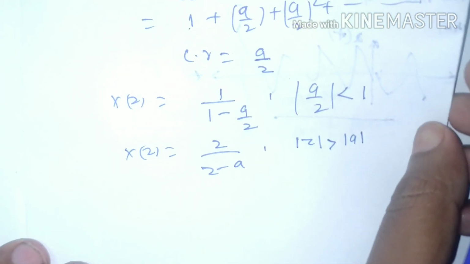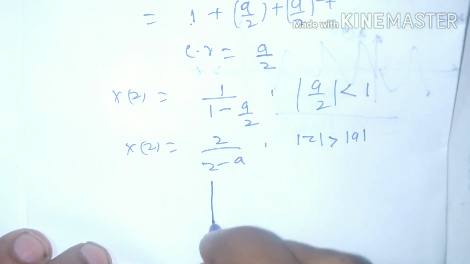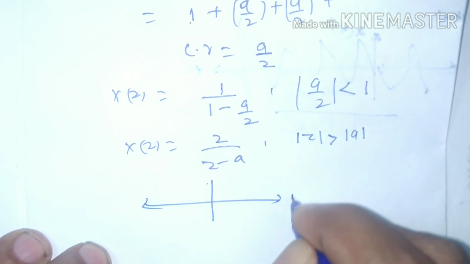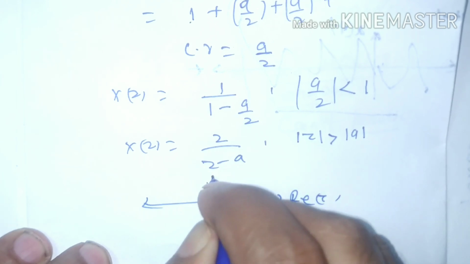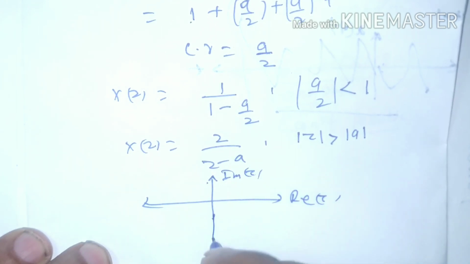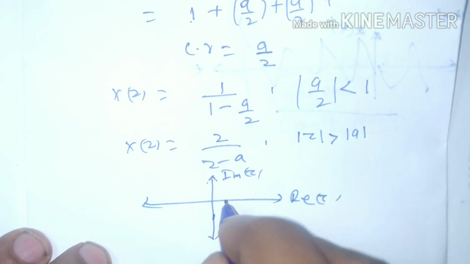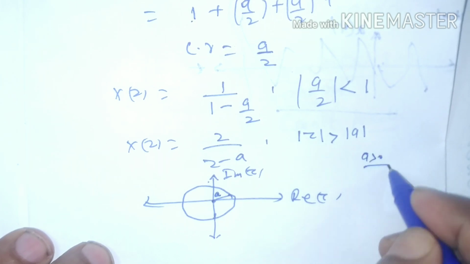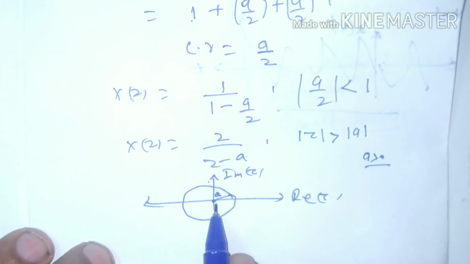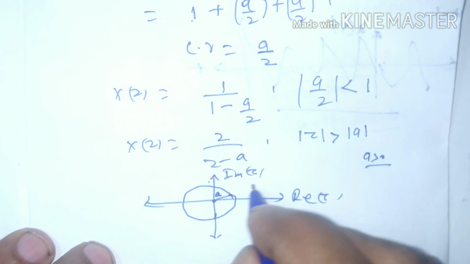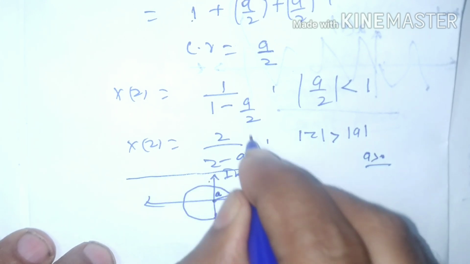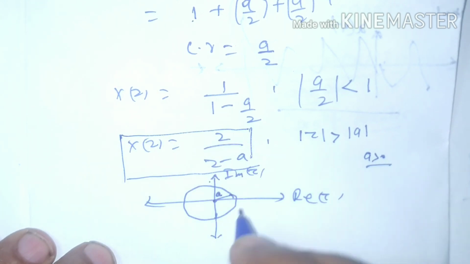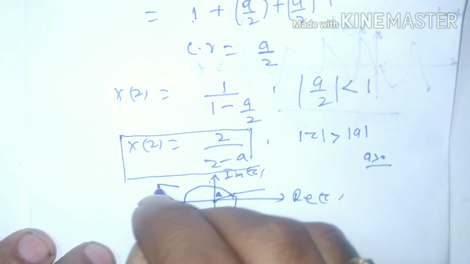Here, how do we draw this Z transform in the complex plane? Real part of z, imaginary part of z, and if we draw in the complex plane, if this radius is a, and let a be greater than 0, then the ROC of this Z transform will be the exterior part of this circle.